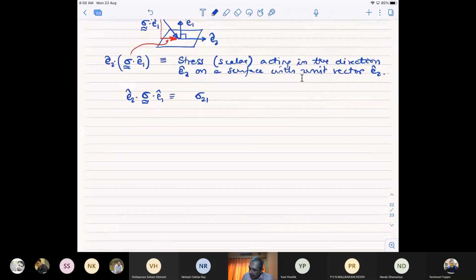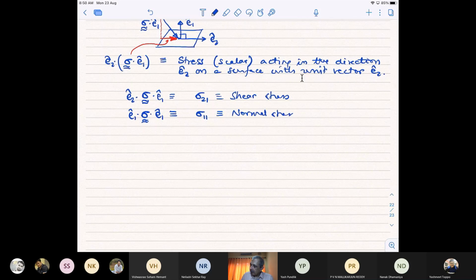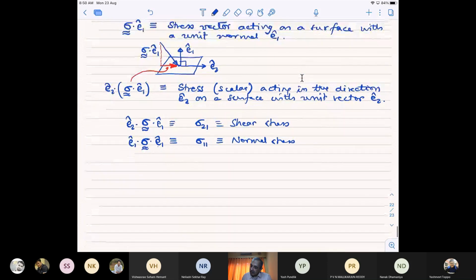And similarly, if we had taken the other dot product, then again we'll get a scalar quantity, and that is sigma 1,1. So this is nothing but a shear stress, and this is a normal stress. In physical terms, E1 is the surface on which it's acting, that is, the surface is normal to E1 and it's acting in the direction E1.